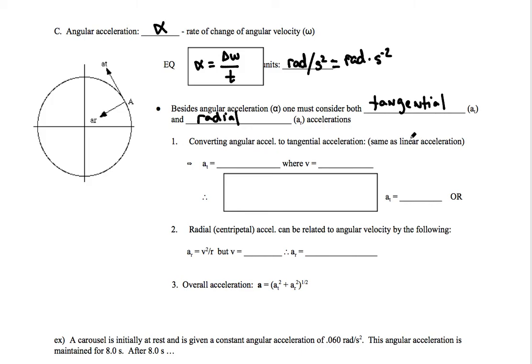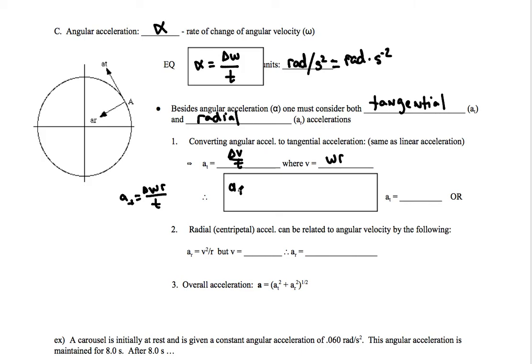To convert angular acceleration to tangential, well, tangential is the same as saying linear. It's a change in velocity, where velocity is equal to omega times r. So really what we get is tangential acceleration is a change in omega r over t. And this right here, change in omega over t, is what we called alpha, or angular acceleration.